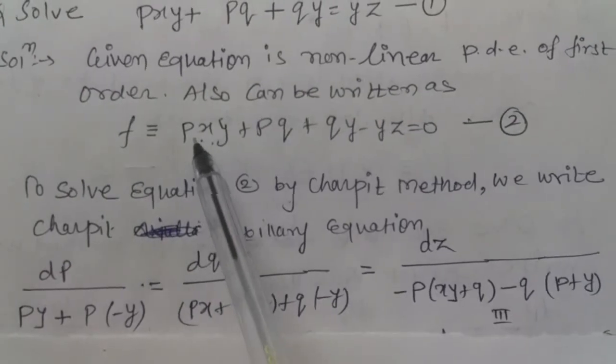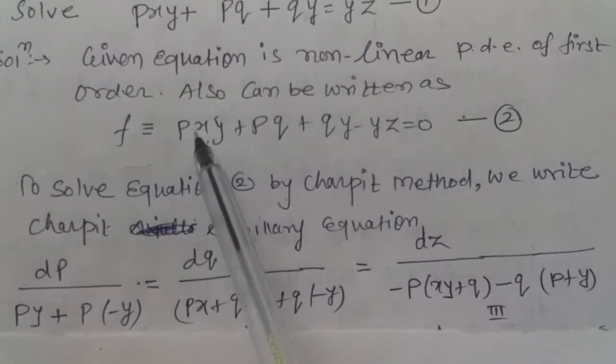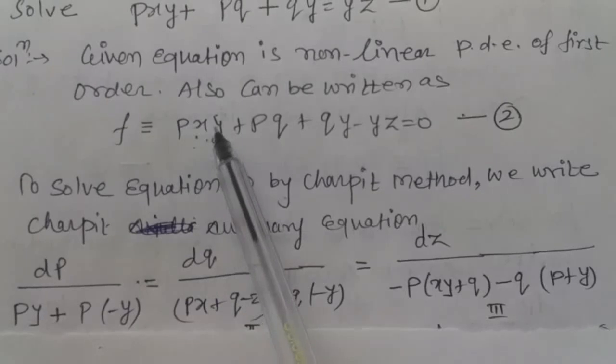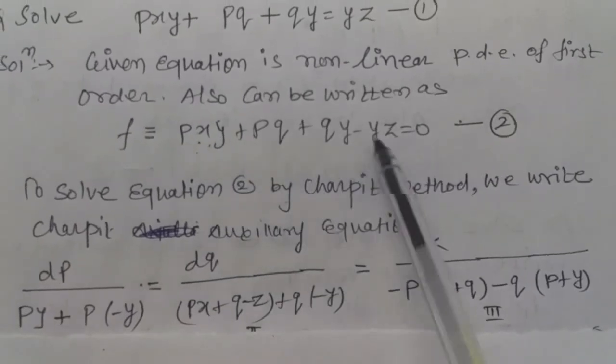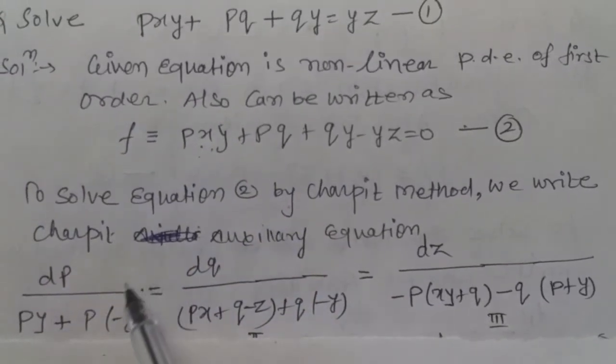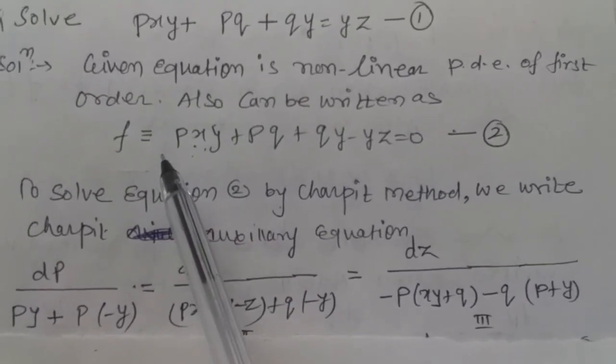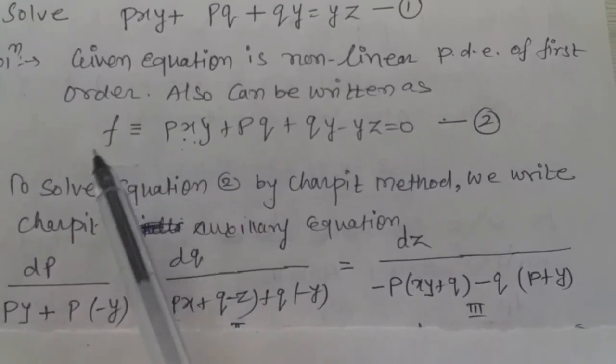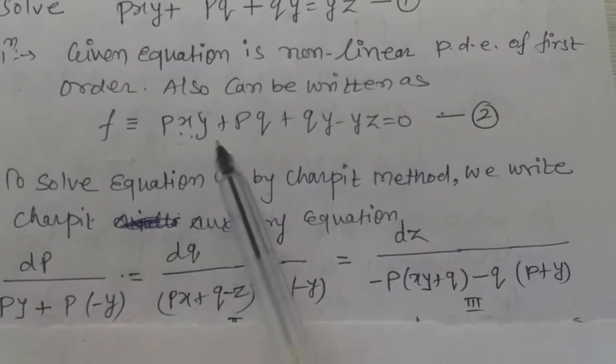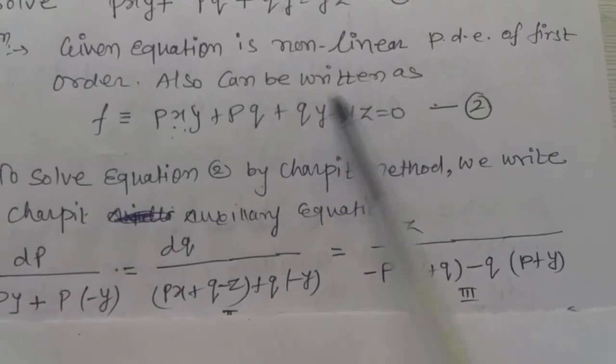Which is py, plus p times del f by del z, the partial derivative of f with respect to z, so we get minus y.